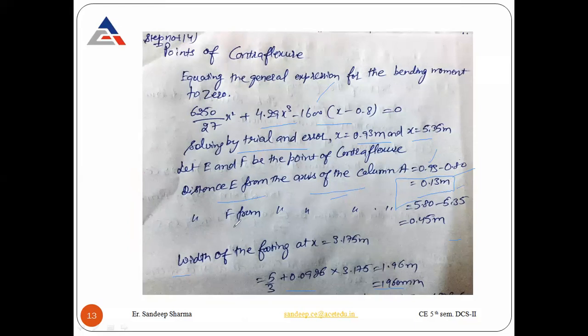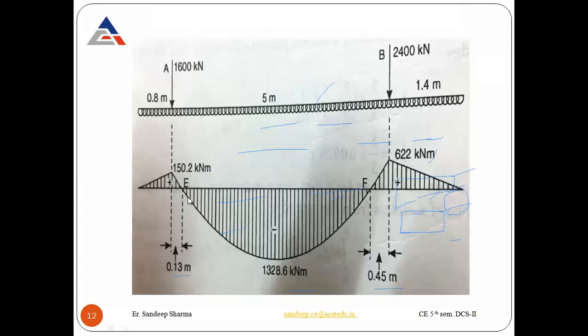And for F, the distance is 5.80 from the left edge of the footing, and the next x value from the left edge is 5.35 meter, and the remainder you will get is 0.45 meter. So both these points you can show here as E and F. Okay, these two points we have, E and F. Is that clear up to this step?